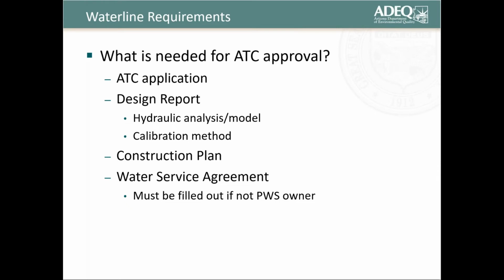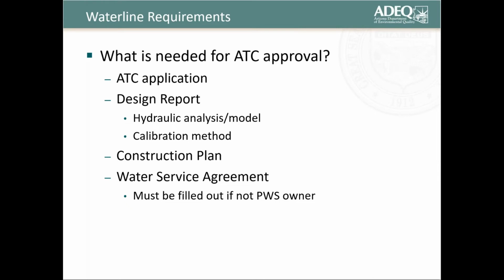And then the calibration method, which is a really important step. Usually what we see for the calibration method is a fire flow test, which takes a nearby fire hydrant. They test the residual, static, and pitot pressure, and they use those pressure points to provide that calibration for the hydraulic analysis model.